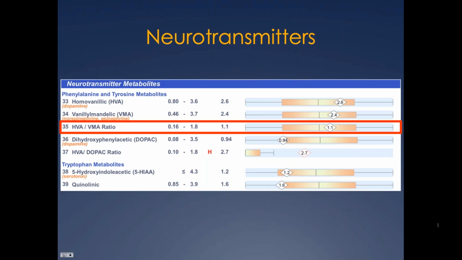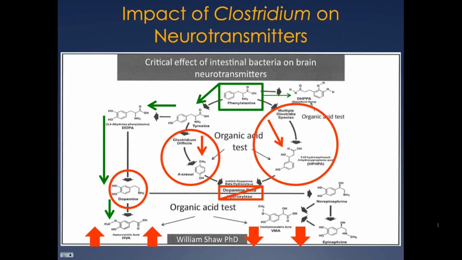So this really does speak to the idea of the importance of balance and having appropriate amounts of dopamine and norepinephrine as seen by their metabolites on this organic acids test. This is later on in the test. Marker 35 gives us a ratio of HVA to VMA, and it really speaks to this idea that when dopamine beta hydroxylase is inhibited because of the presence of Clostridial bacteria, we get too much dopamine, too much HVA, not enough norepinephrine, and not enough VMA, and speaks to an idea known as basically the dopamine hypothesis around psychosis and schizophrenia.